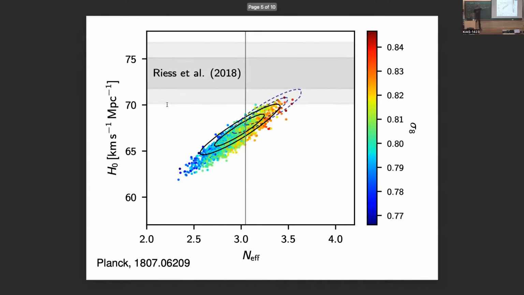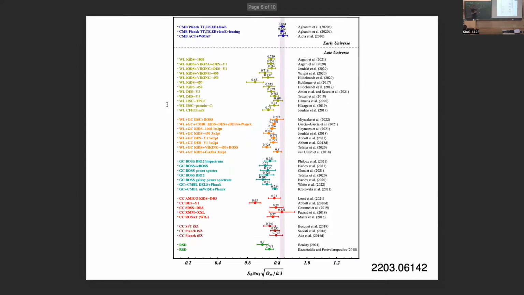Those weak lensing surveys don't care about what happens at recombination, they measure later, so their value of sigma 8 will still stay low. So with dark radiation, the blue band here moves to the right and everything else stays where it is. So you increase that tension.